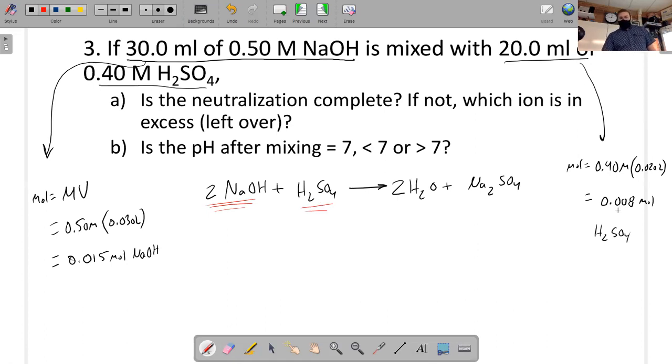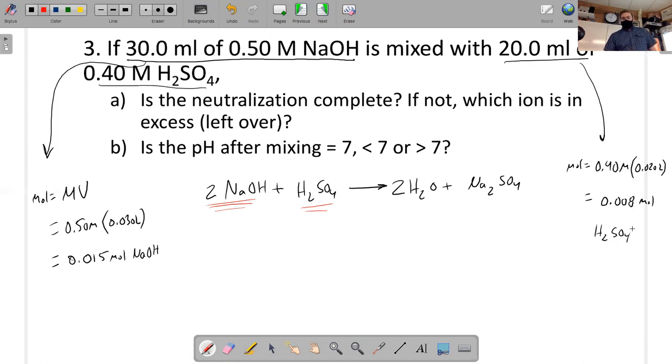So if you double this amount, 0.008, that would have to be 0.016. And we don't have 0.016 moles of sodium hydroxide. We have only 0.015.